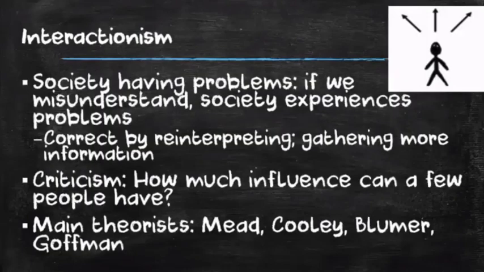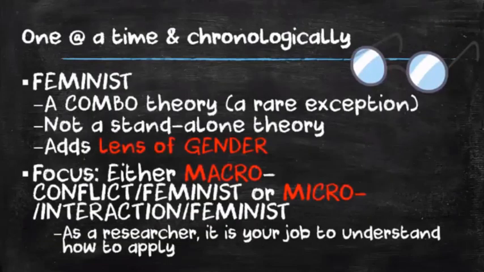All right, now you remember I said to you there are three or four major theoretical perspectives. And this is the reason why feminist theory is a very rare exception in the field of sociology. I'll call it a combo theory, it cannot stand alone. Really, it has to work in combination with either conflict theory or interaction theory. So all it does is add the lens of gender to the sociological study, to that research project.